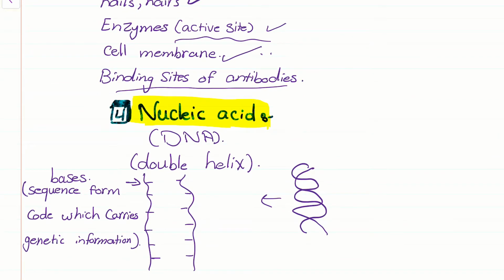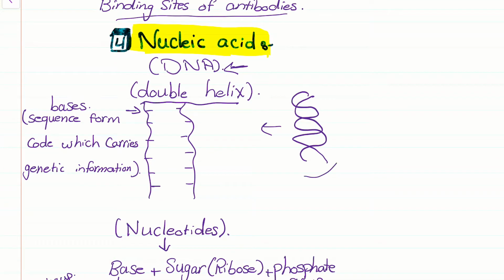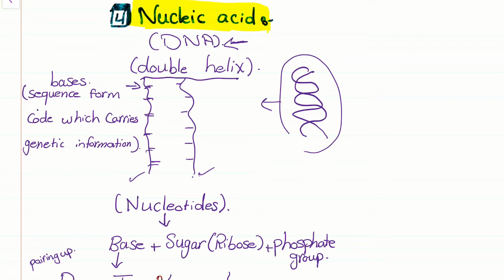The last one is the nucleic acid. Our example is DNA, which is a double helix. As you see, it is a double helix because it's twisted, but actually there are two strands, and we have bases or nucleotides arranged in each one. These base sequences form a code which carries genetic information.